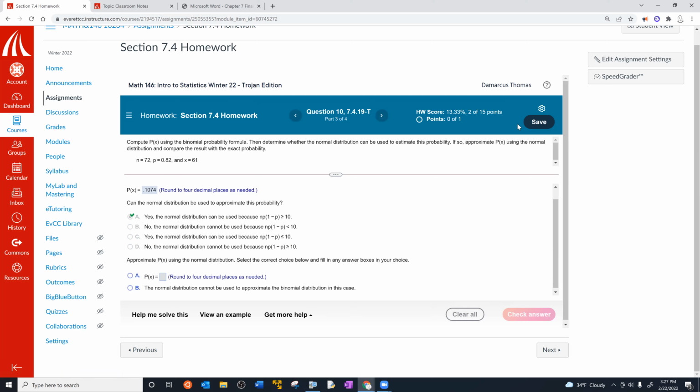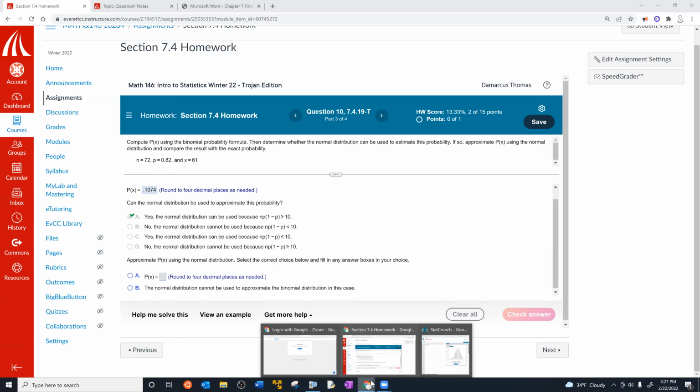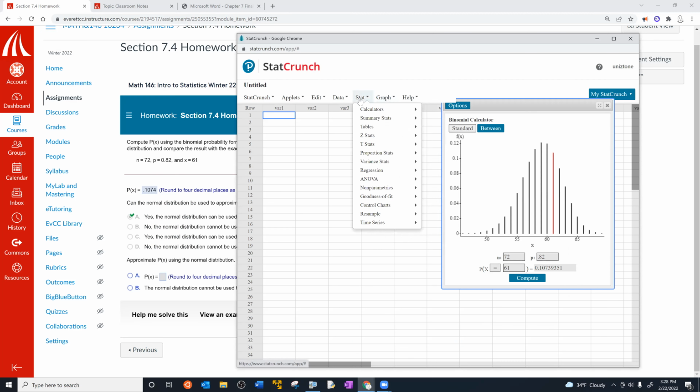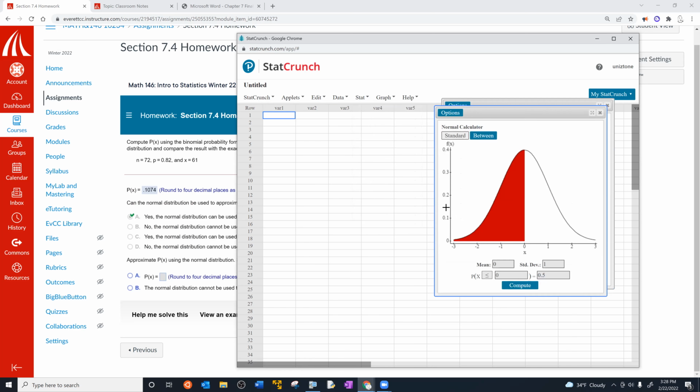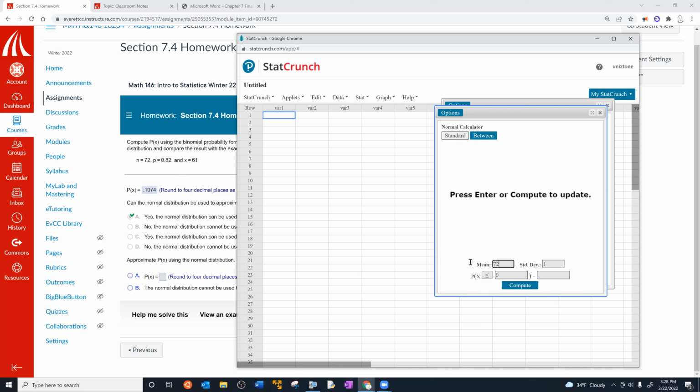And now the question is, what is it when you use the normal distribution? Well, we can go back into StatCrunch. And here's where we're going to go to calculator, but we're going to use the normal calculator, and we're going to put in the mean, which is 72 times 0.82.